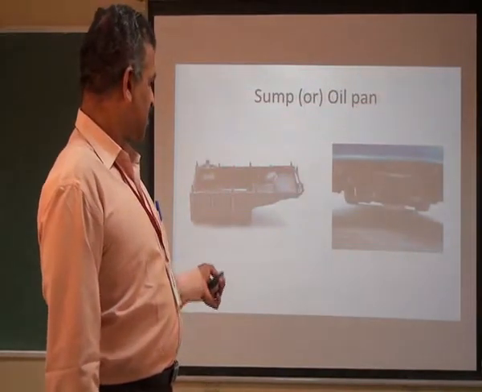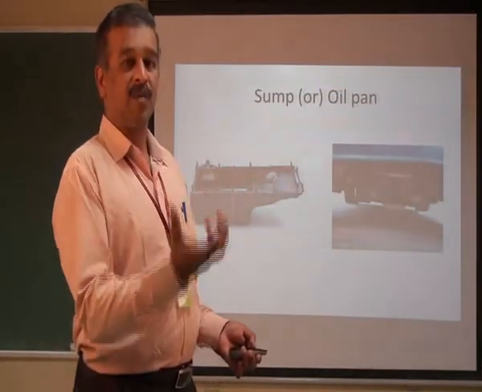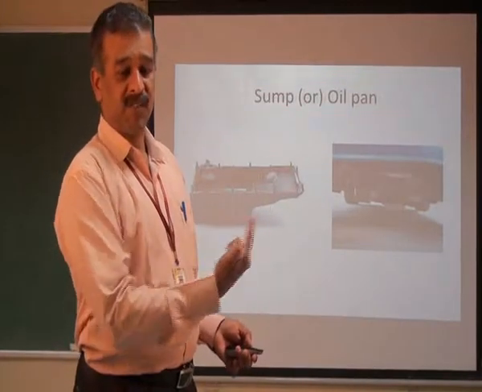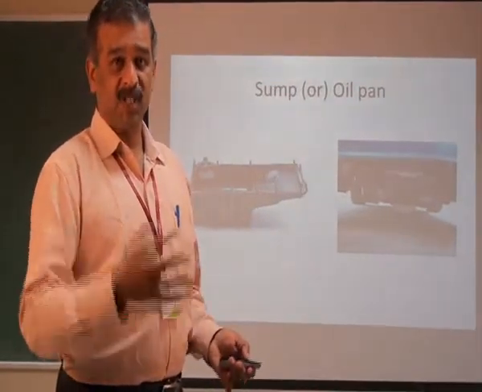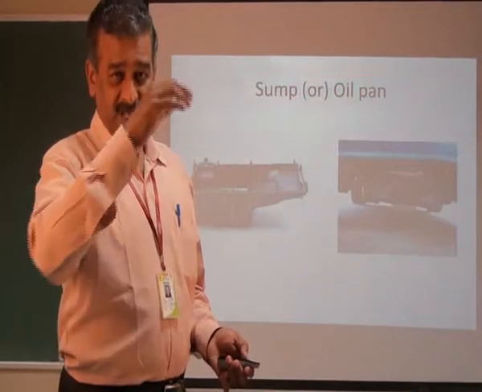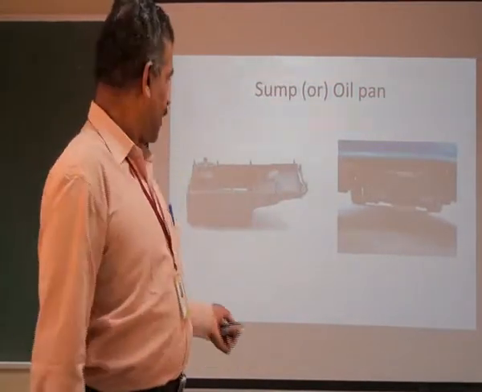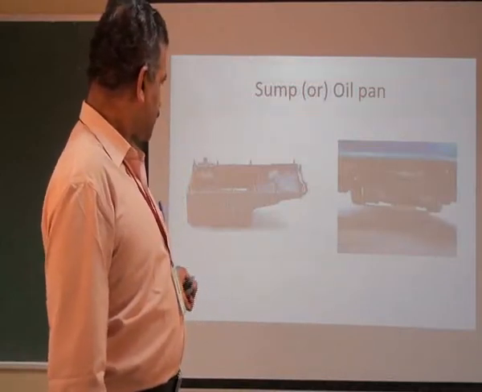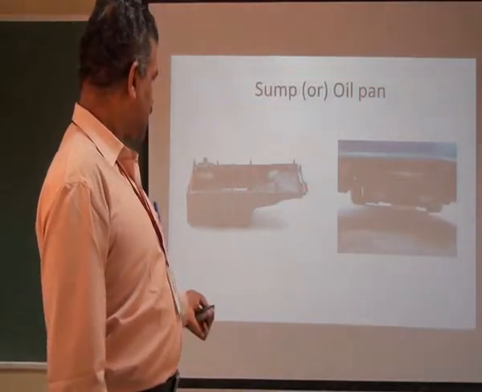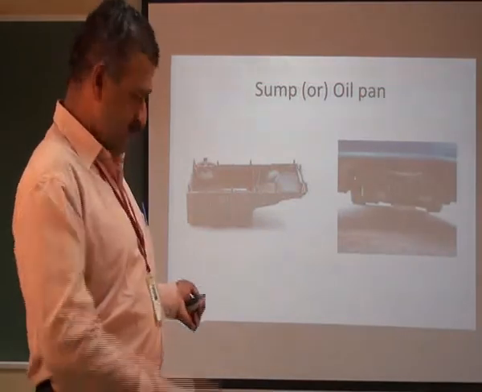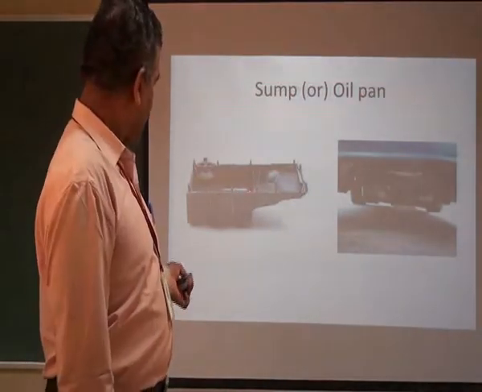You can see many bolts and nuts which are used for mounting it to the bottom surface of the crankcase. Because the lubrication should happen inside, wherever the components are moving. So this is the sump, and you can see the bolts and nuts, and this portion is very deep.